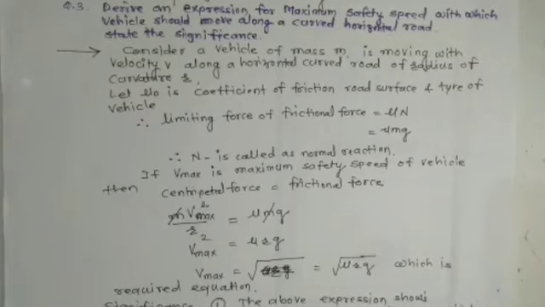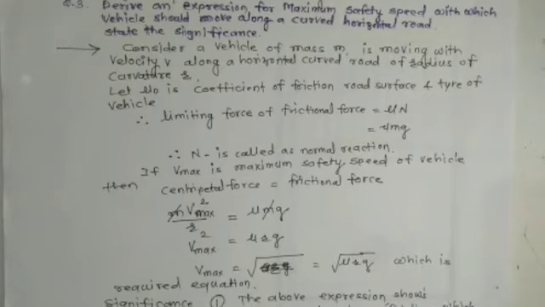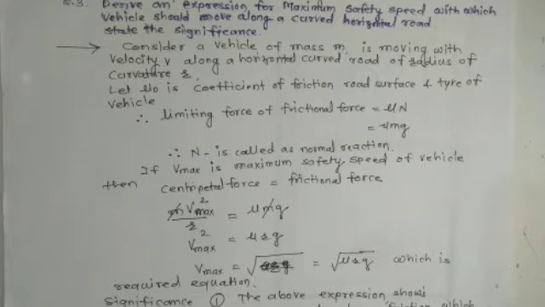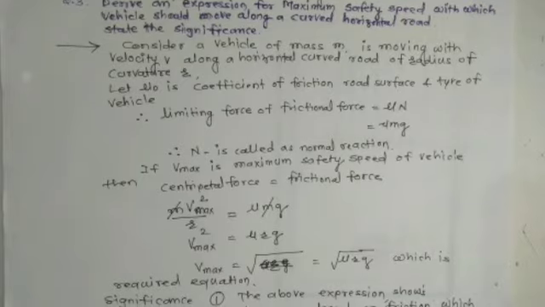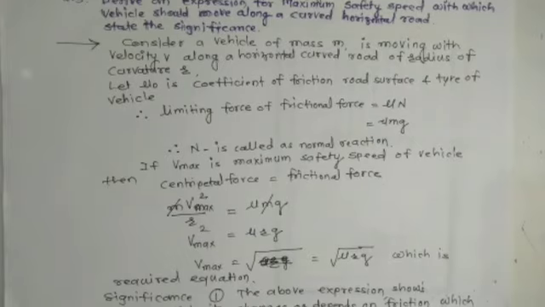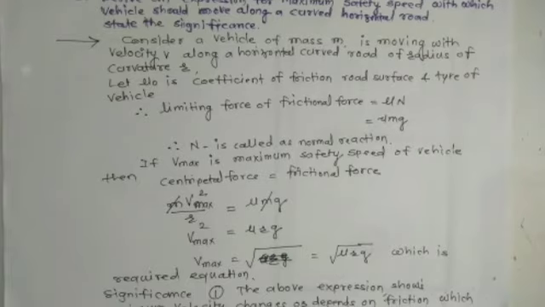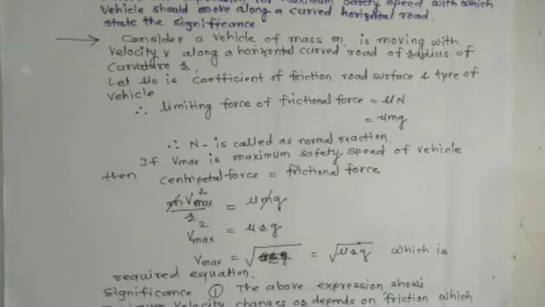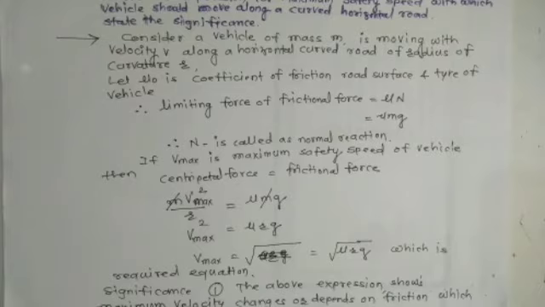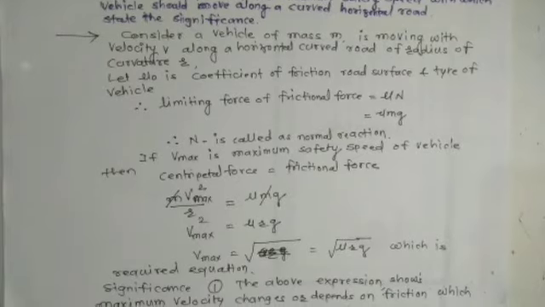So centripetal force equals frictional force, which is m into v square maximum upon r equals mu mg. If m gets cancelled, v square maximum equals mu rg. Therefore v maximum is equal to square root of mu rg, which is the required expression for the maximum safety speed.